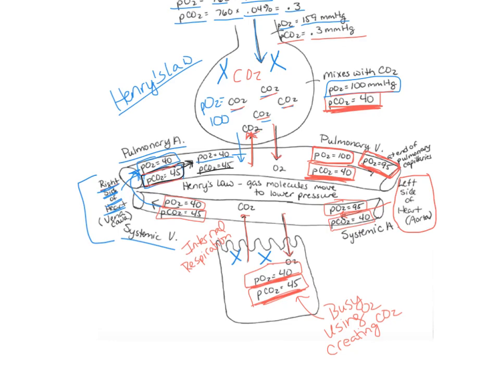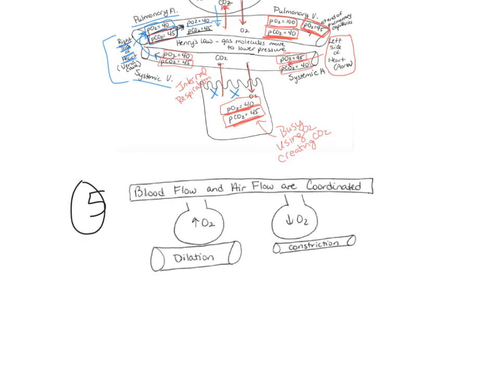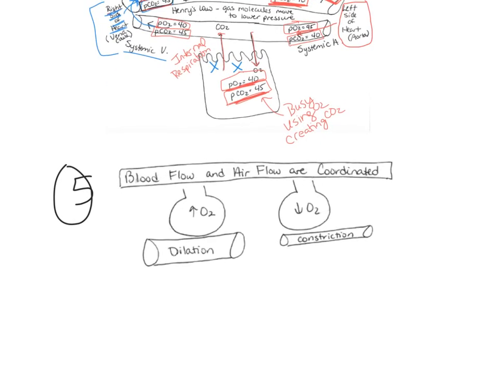And then the last thing, number 5, is it's efficient because the blood flow and the airflow are coordinated. And we've talked about this in this past unit. We said that if the alveolus has a lot of oxygen, then the blood vessel will dilate so that oxygen can readily diffuse into that capillary.